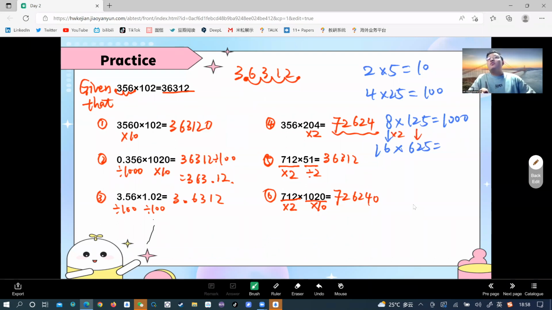And from 125 to 625, you times by 5. So as for the result, it just should be 1000 times 2 and times 5 at the same time. Yes, you guys are so clever. So basically times by 10. That is 10,000.